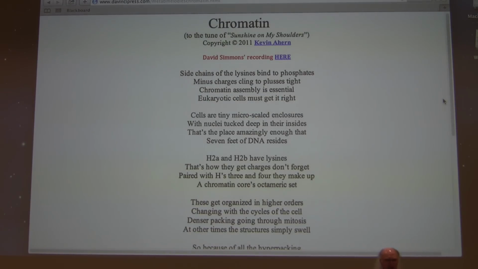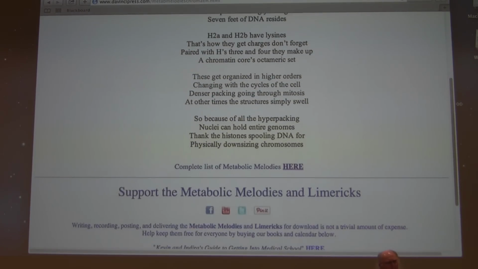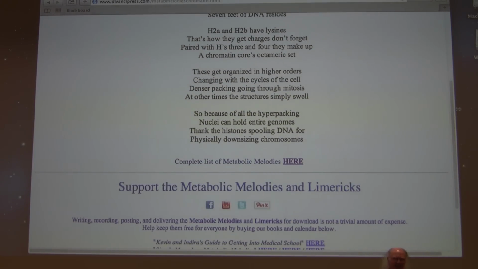That's the place, amazingly enough, that 7 feet of DNA resides. H2A and H2B have lysines. That's how they get charges, don't forget.